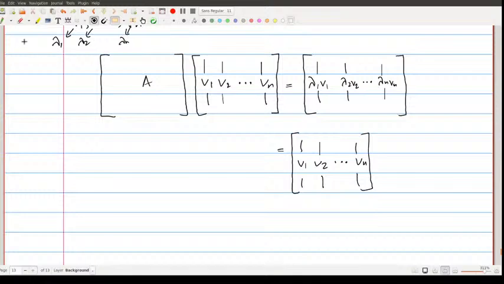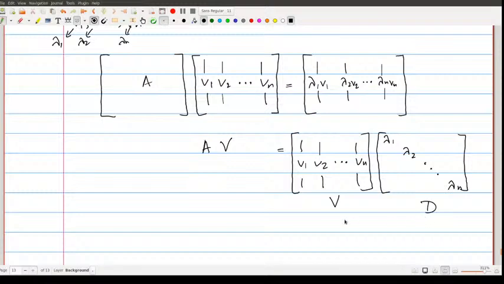The matrix over here is going to be lambda 1 on the first diagonal, lambda 2, and the last diagonal entry will be lambda n, and the rest is 0. This empty space is all zeros. So AV gives me VD.